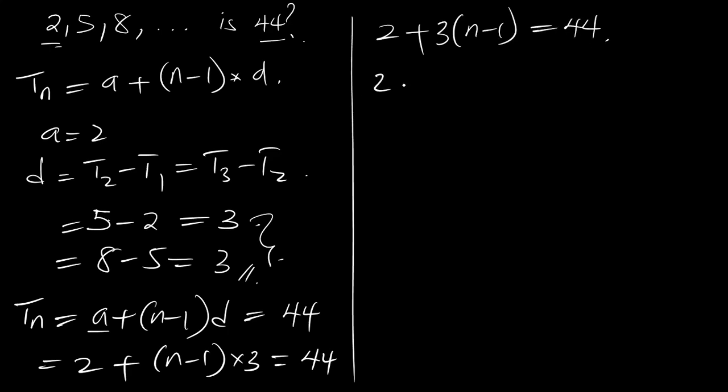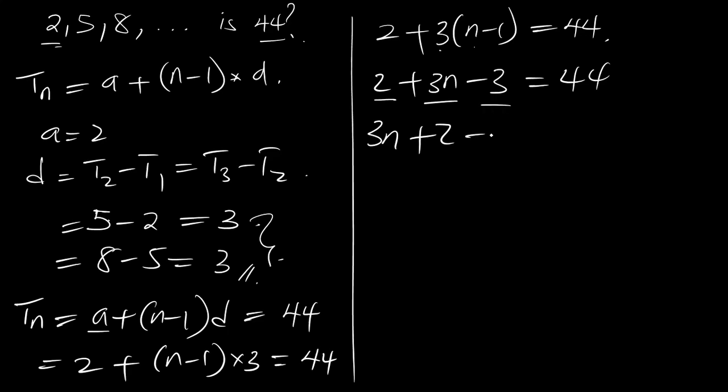So you have 2 plus 3 times n, which is 3n, and 3 times minus 1, which is minus 3. So now this will be 3n. Bringing the like terms together, you have 3n plus 2 minus 3 is equal to 44.